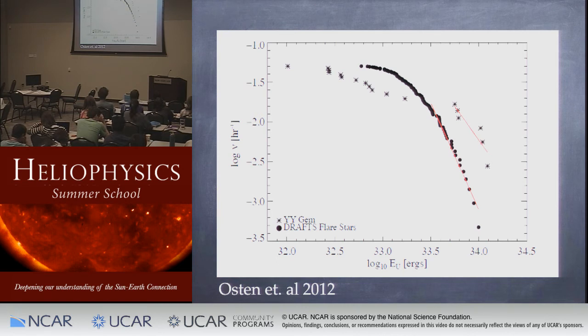This is the frequency of flares per hour on the y-axis, and this is the overall energy of the star, if you like. So it's kind of a bizarre, weird axis in the context I just showed, but still, it gives us some scaling.